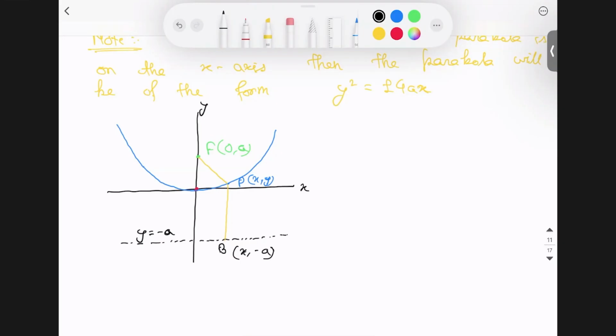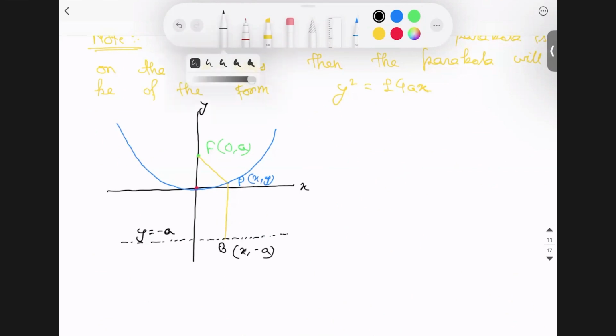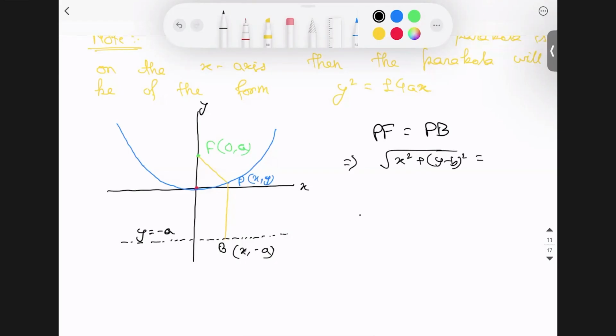Okay. So in this case, if I again write the equation here, what is the distance? One is PF and another is PB. So PF equals PB. This implies the square root of x square plus (y minus a) whole square equals the square root of 0 square plus (y plus a) whole square.